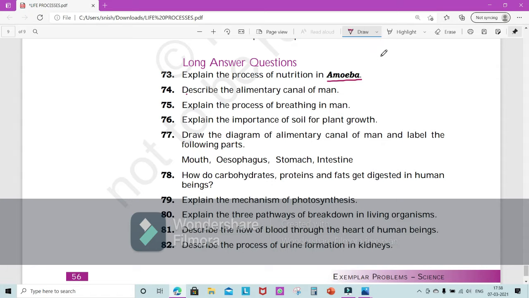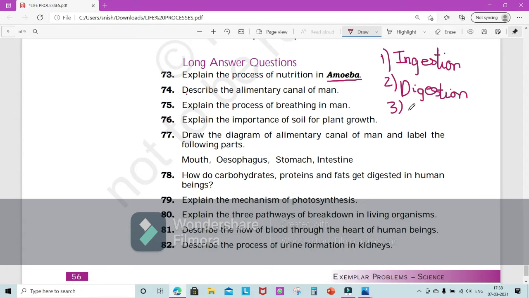In that we know that there are 5 steps that take place: ingestion, digestion. The order is also important, and if you mention these 5 steps as subheadings, it's going to help you gain marks.